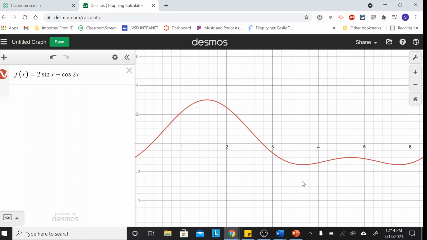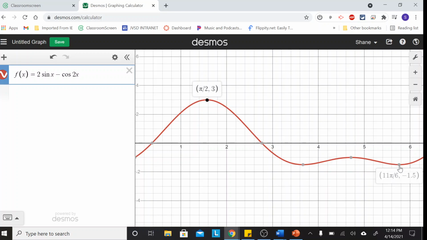So we said our max occurred at pi over 2. Pi over 2 is about 1.6. There's our max point at pi over 2, and my value is 3. Look at that. We said our mins were at 7 pi over 6 and 11 pi over 6. So at 7 pi over 6, our value is -1.5. We had -3/2.